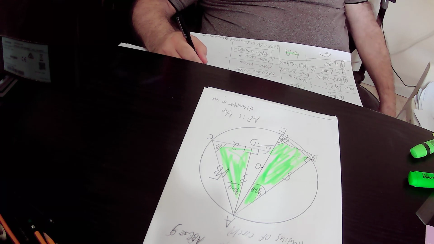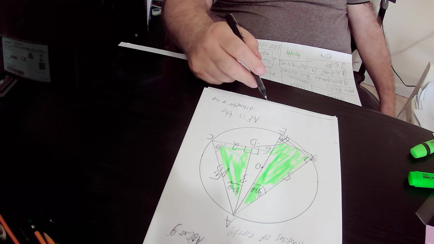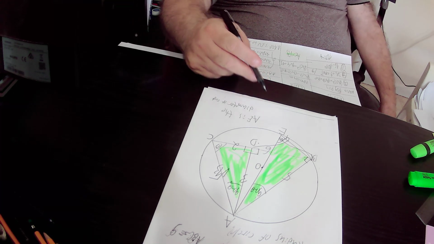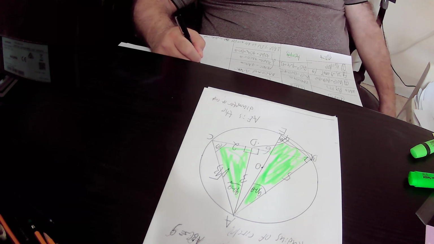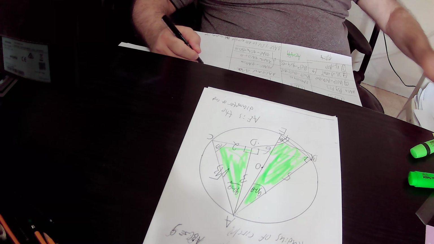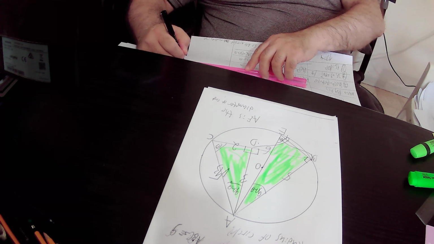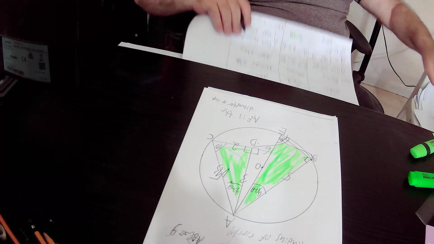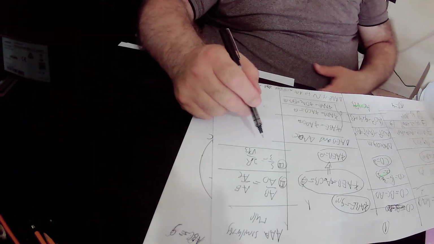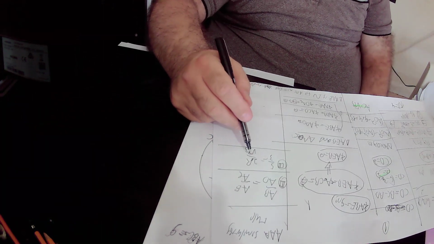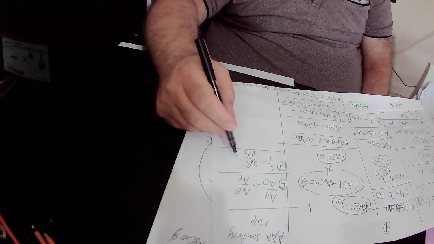AE equals 2 times capital R, that is the diameter of the circle, and AC equals the square root of 13 units. So in conclusion, we found that according to equation number 3, 5 over 3 equals 2R over square root of 13.